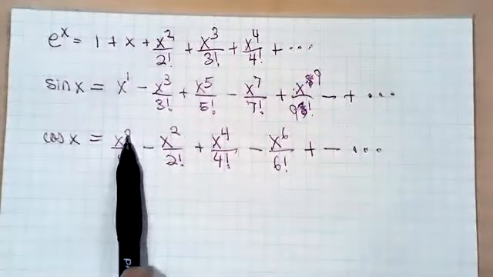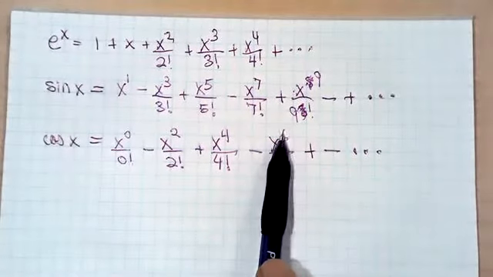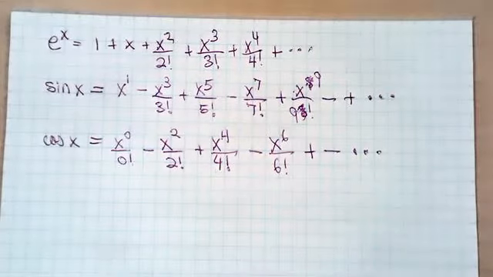And the exponent is always reflected by the size of the factorial. 6th power, 6 factorial, 4th power, 4 factorial, etc.